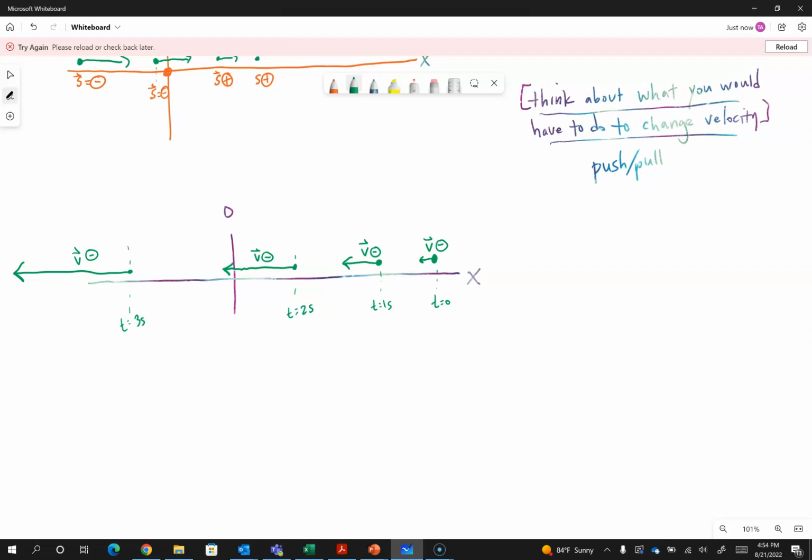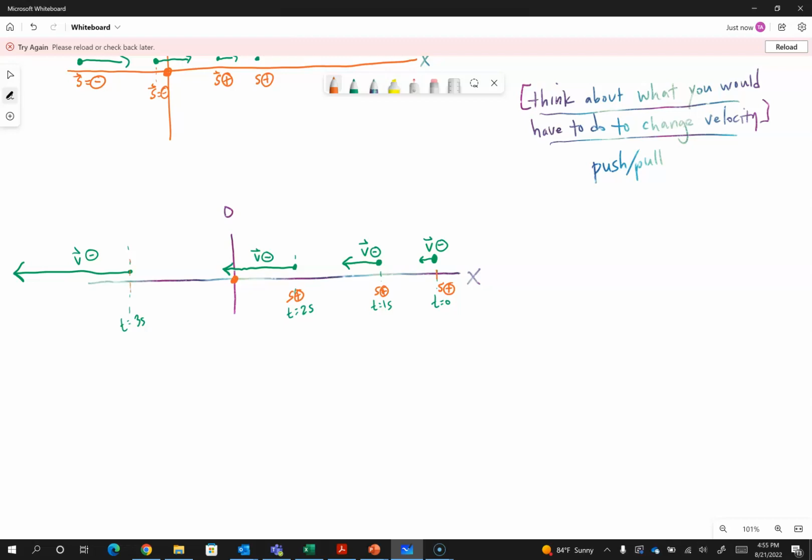Now position, at this moment in time, the position is positive, simply because the origin is over here to the left, and this object is to the right, that means the position is positive. And that's true for these first three cases.